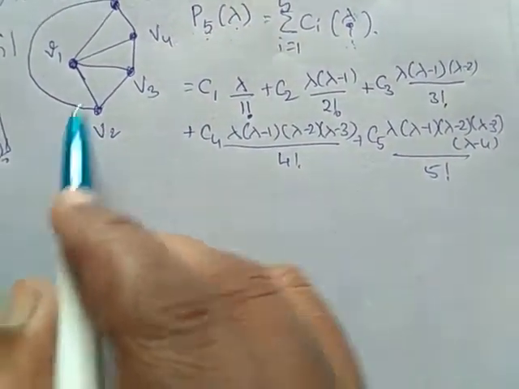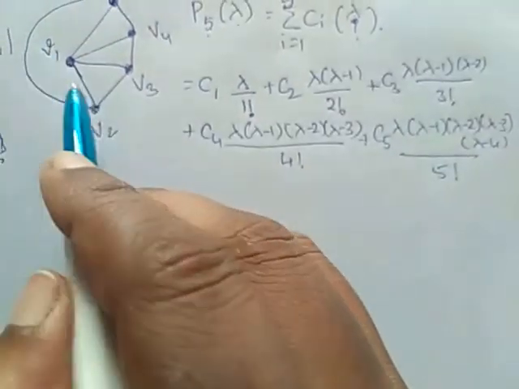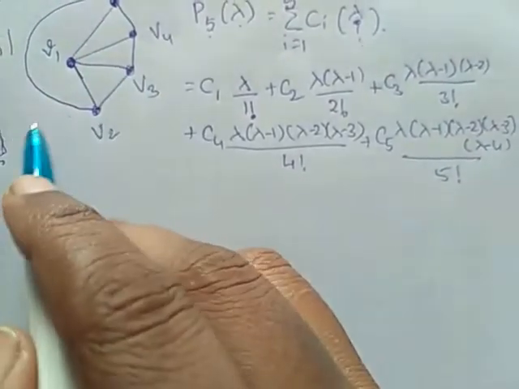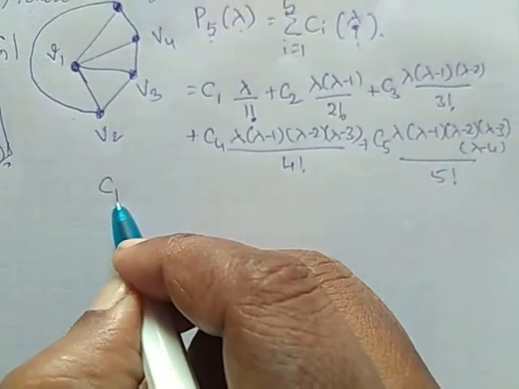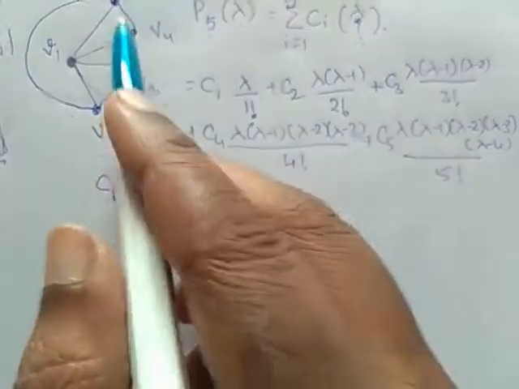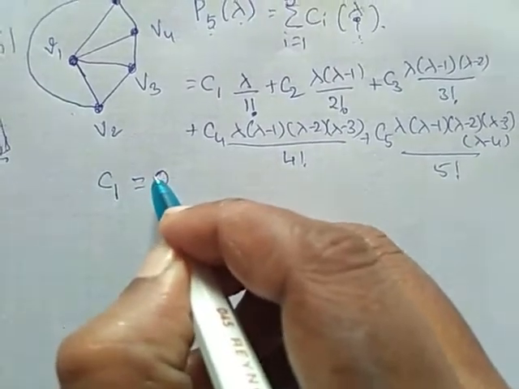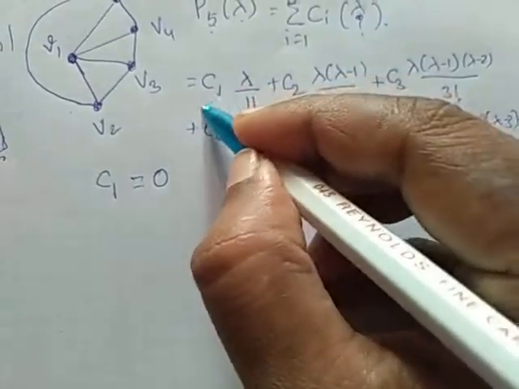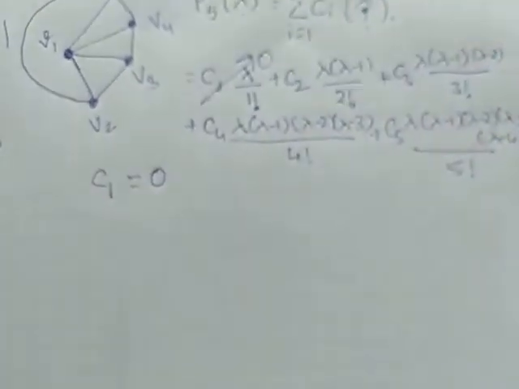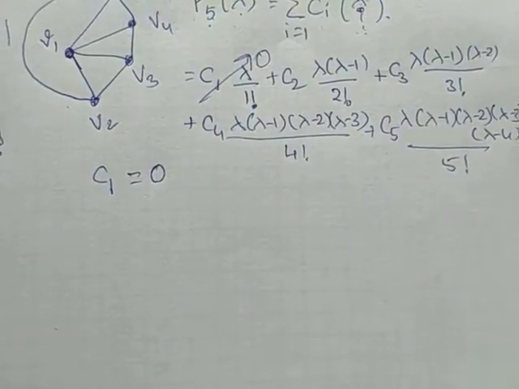In this graph, we have edges. I already told you if edges are there, using one color we cannot color the graph properly. Therefore, C1 is 0.